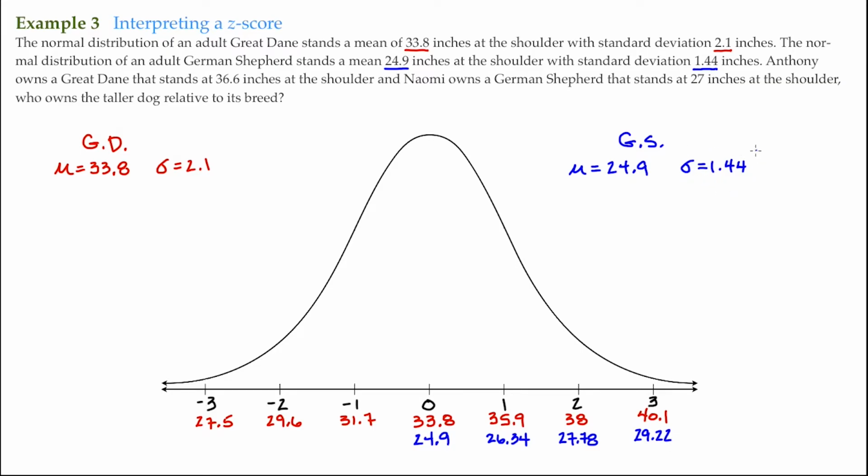We subtract the 1.44 as we go down: 23.46, 22.02, and then finally 20.58.